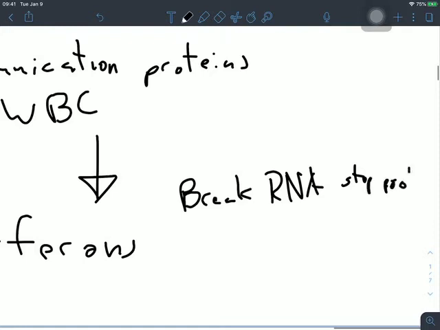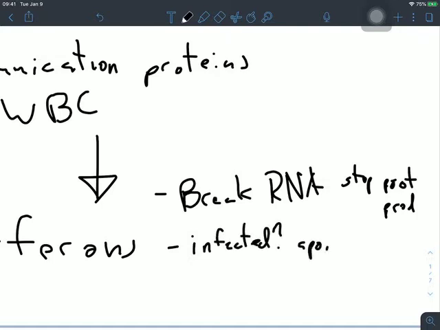Because chances are that that protein production is not your own protein production, but instead is the virus's proteins. Alternatively, interferons, if they do identify that the cell is infected, they cause that infected cell to undergo apoptosis. And they also bind to plasma membrane receptors of immune cells, so they recruit immune cells.